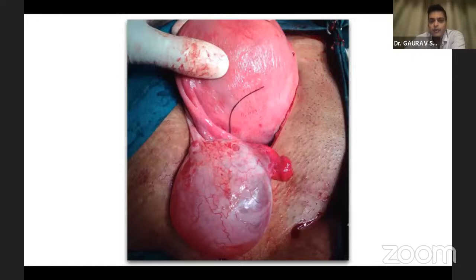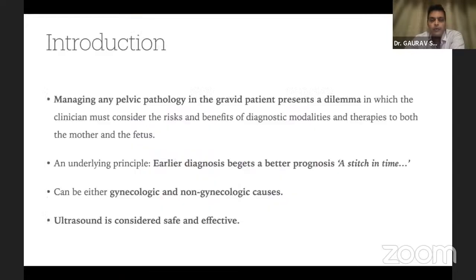Frequently we have women who are pregnant with ovarian cysts, and sometimes we have to manage them throughout the 9 months of pregnancy, and eventually at the time of delivery, if we are doing a cesarean section, and follow them up if we haven't intervened before. But managing any pelvic pathology in a pregnant patient is actually a dilemma for the obstetrician as well as the patient, because the patient frequently asks, what do I do with this cyst?